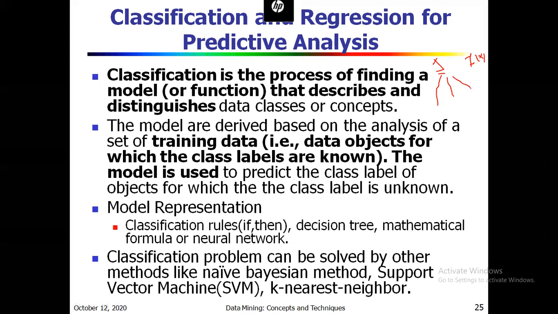After checking the attributes, you will put it into some class, and you will check the attributes at different points. At the end, you will give them a label A, B, or C.